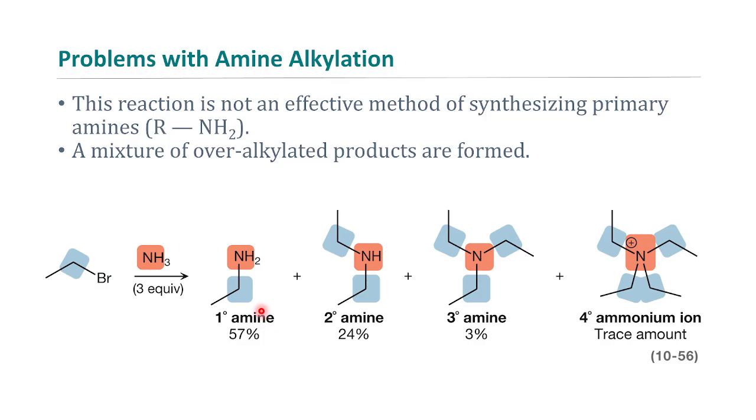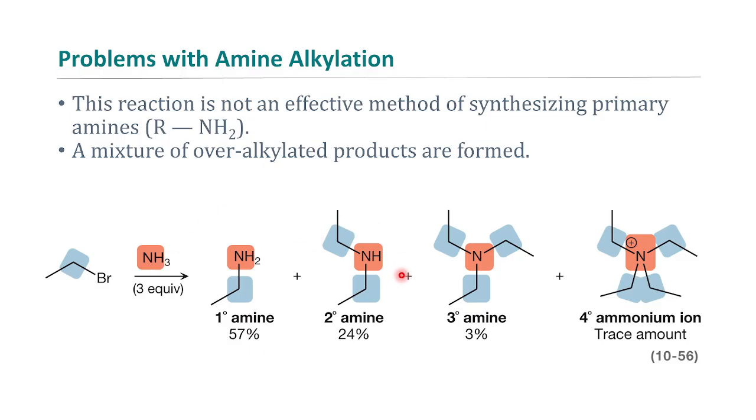Now, note that it does get slower over time. It's harder for it to do it over time. And partially this is because you're going to have lower and lower concentrations each time of your reactants. And so the likelihood of it happening is going down each time. So your primary amine is going to be something like 57% if you added 3 equivalents of the NH3.